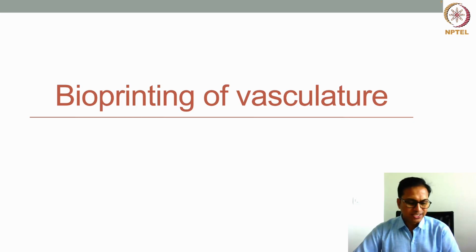So we'll discuss what the different strategies are. First, we'll discuss the anatomy of blood vessels, the blood vessel hierarchy, and what different modalities of bioprinting can be used for developing this bioprinted vascularized tissue construct, and also the different strategies in that domain.